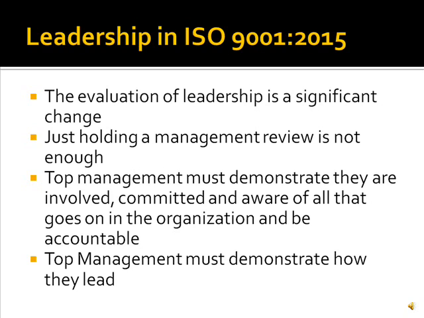Top management can't claim, oh, we hadn't had another management review, so I didn't know. Top management is accountable. They must demonstrate how they lead. And it makes it much harder on the auditors, but they must look at and find where leadership is involved in every single step of the operation. This is very, very important.